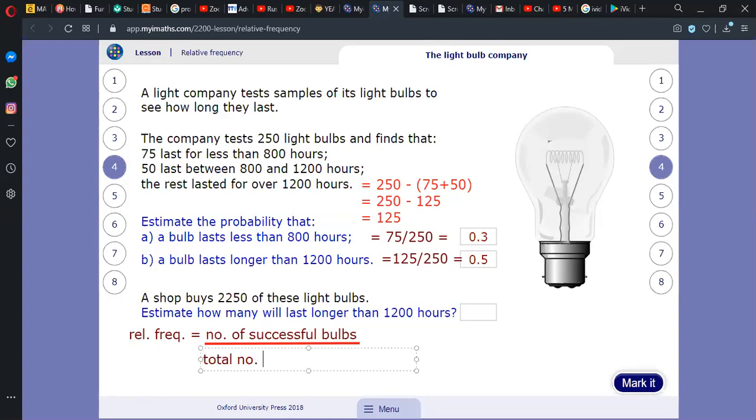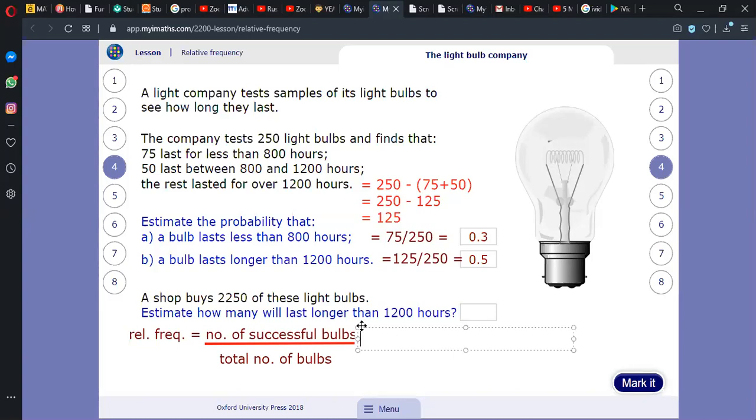Let me shorten the number of bulbs. So in this case, what do you see, guys? The relative frequency has been given.